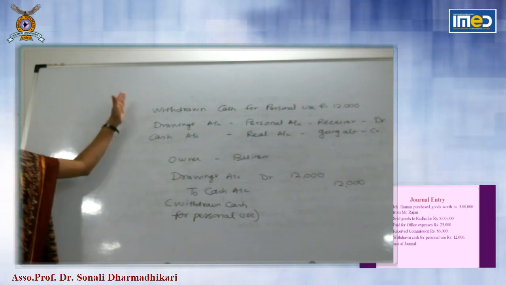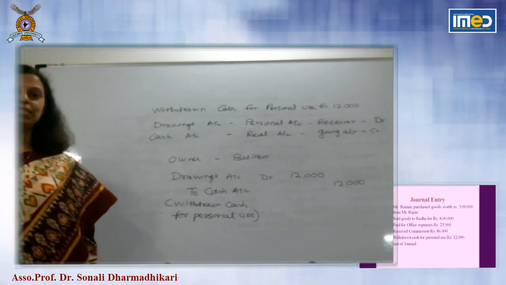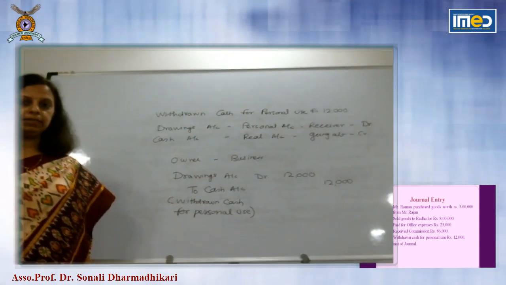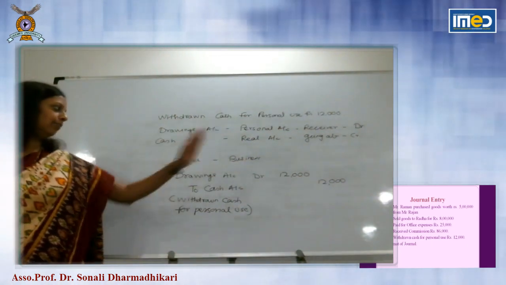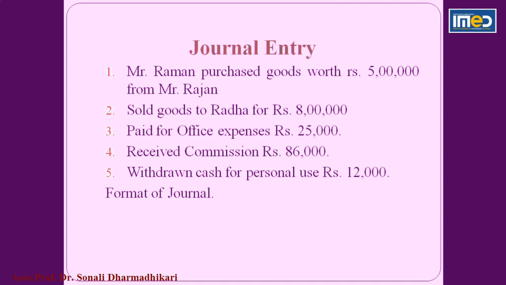So we have taken examples and we have studied the steps of passing journal entries. By practice, you may not write these steps. You can directly pass journal entry. Now we will see format of journal. Book of primary entry.